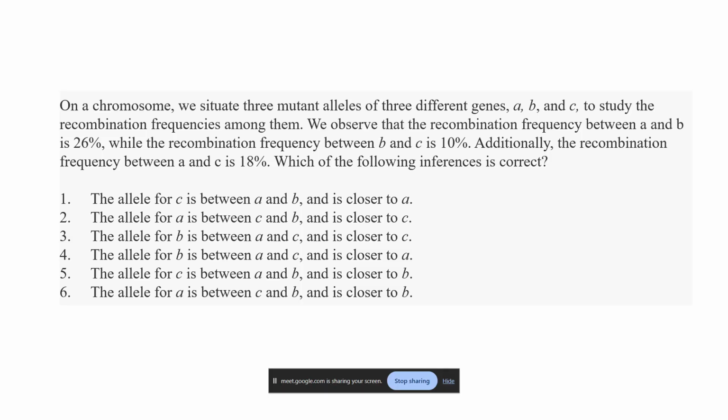Make the figure and then solve it. One more minute left.